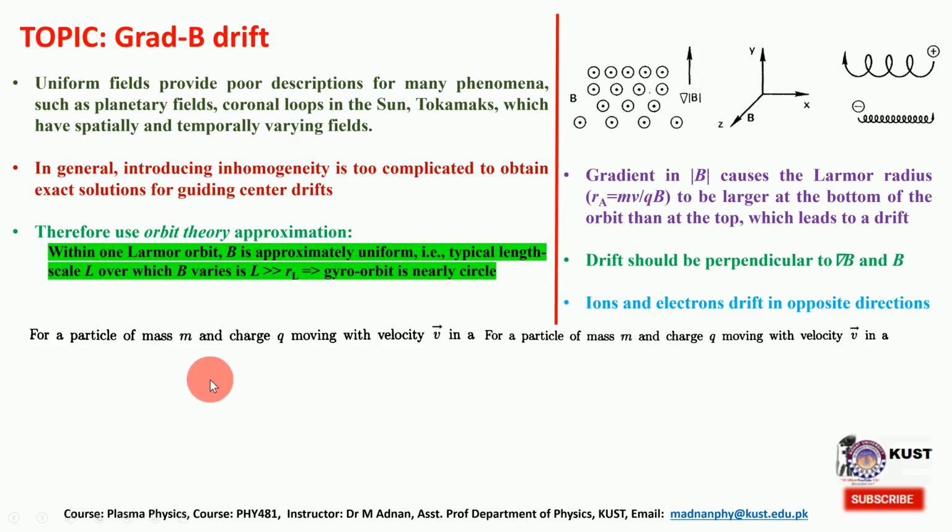So for that, we consider a charged particle having mass m and charge q moving with the velocity v in a region where, I think there is a typo mistake.